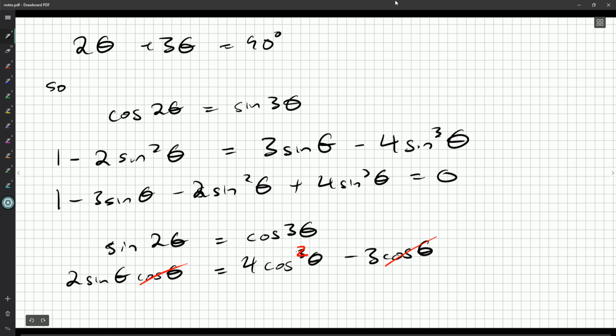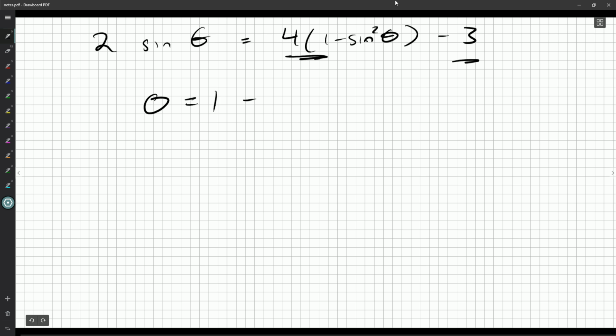And we will get a quadratic that I can change around. So 2 sine theta is 4, 1 minus sine squared theta minus 3, right? Yeah. So 4 minus 3 is going to be 1, minus 2 sine theta, and then minus 4 sine squared theta.